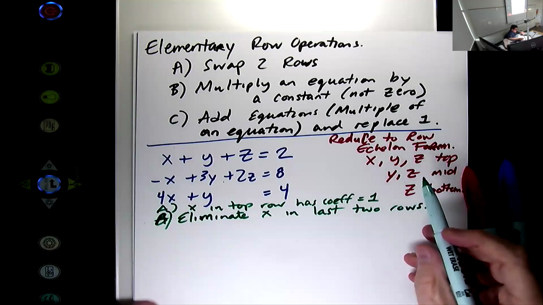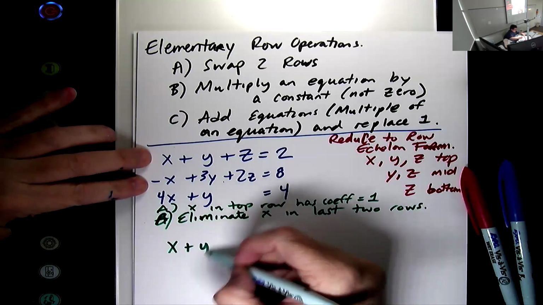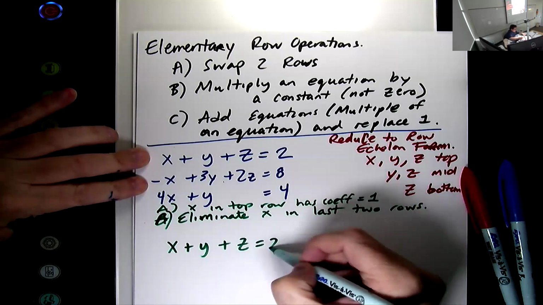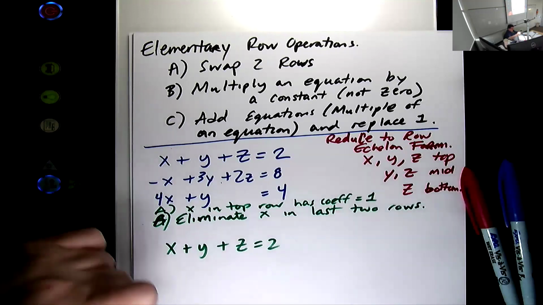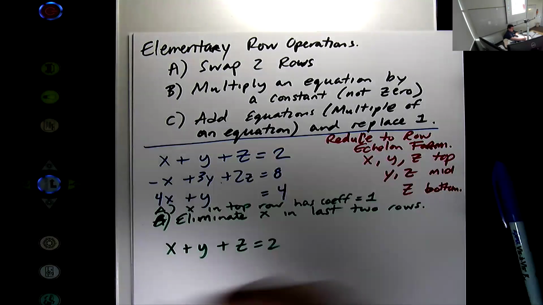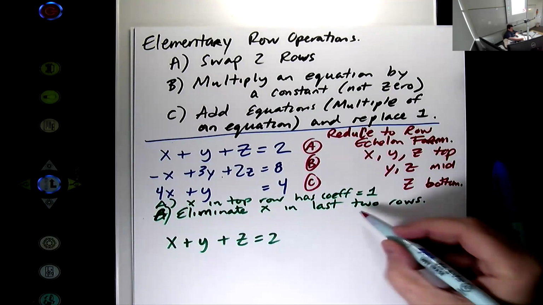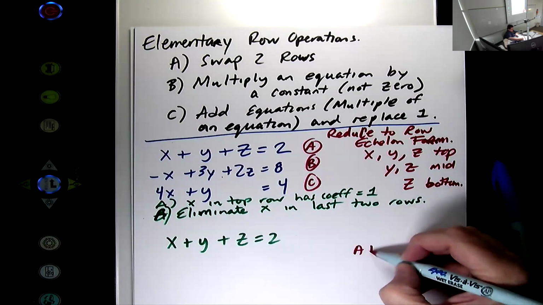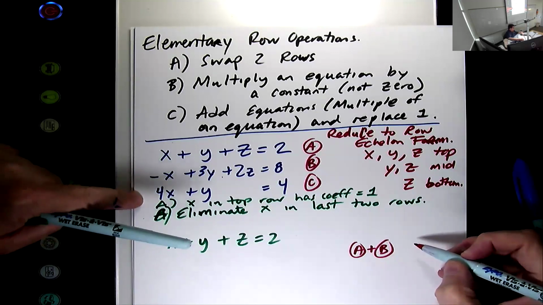So what I'm gonna do to get my new system after I've done this, I can add. Let's label these A, B, and C. If I add A plus B together, I'm gonna get rid of X, right?